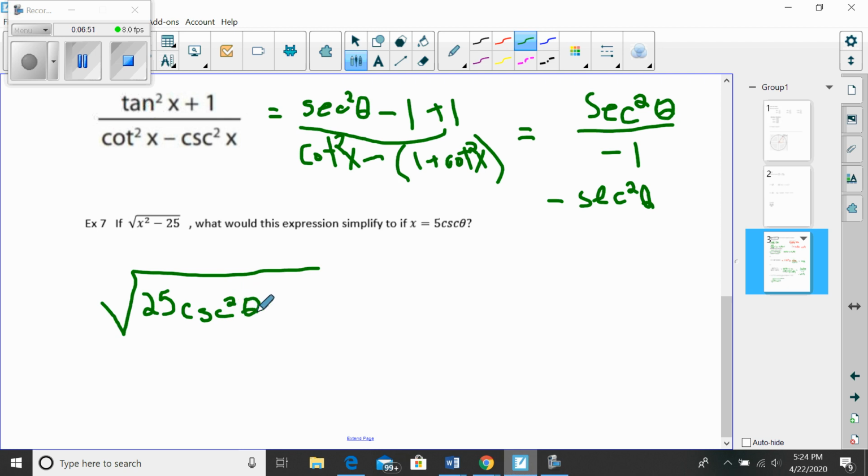What I want you to do is factor a 25 out of that expression and then look and see which of those identities helps you out. So pause the video and try that.